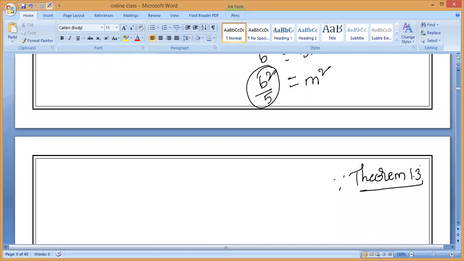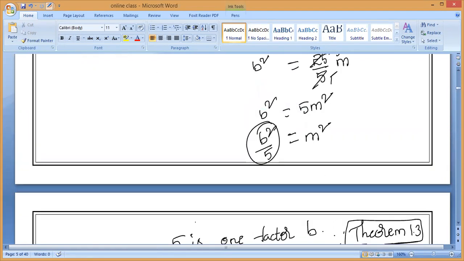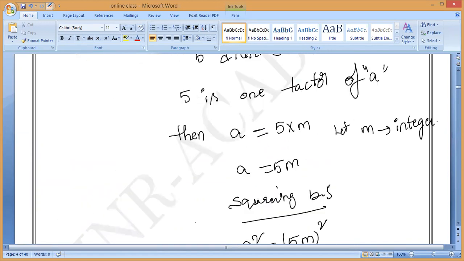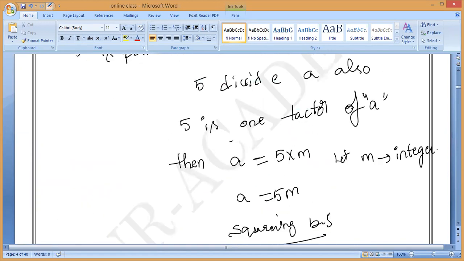Ma'am, 5 is a common factor for A and B. All of you write the theorem 1.3 statement. So 5 is one factor of B. Before, 5 is one factor of A, correct?